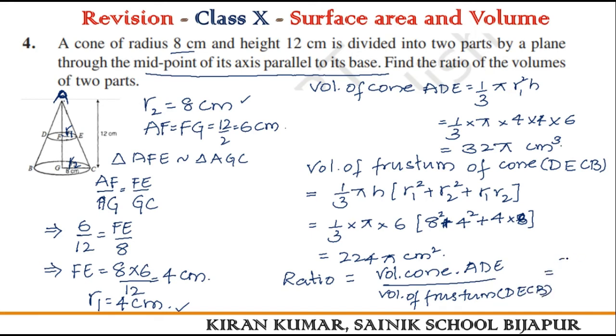We have found the volume to be 32 pi divided by 224 pi. We need to simplify this. On simplification, we get 1:7 as the ratio.